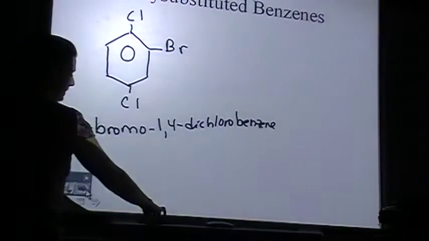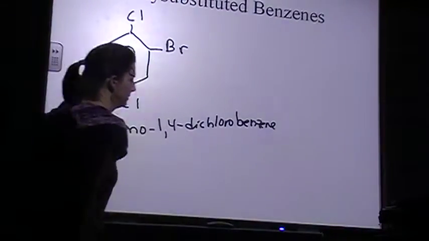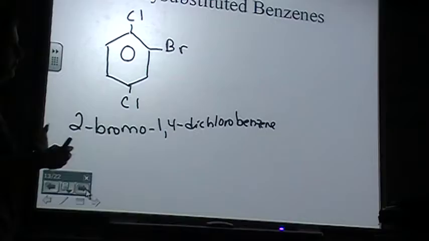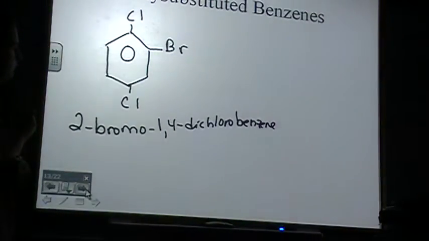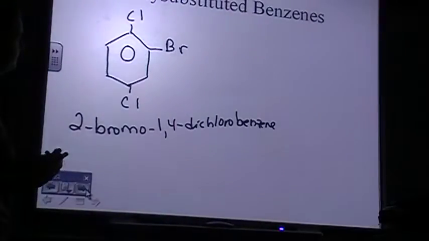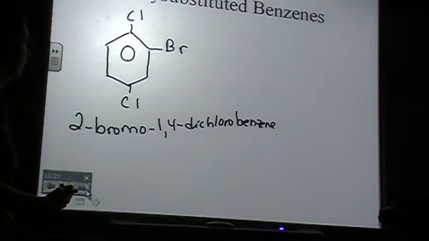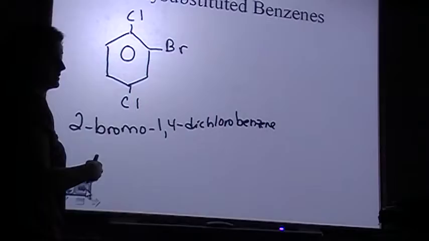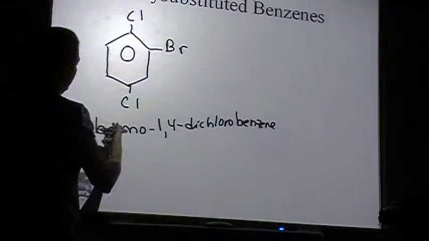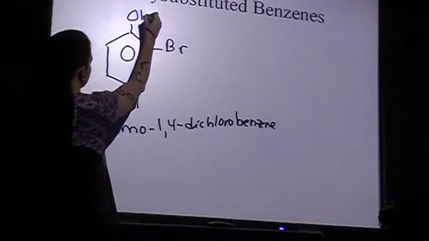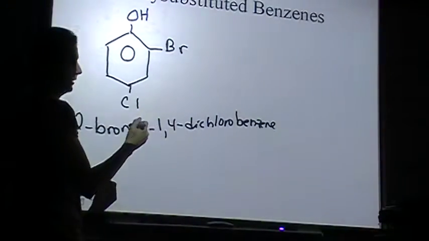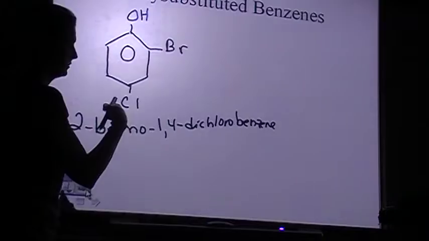Now, I wanted to change this, and I probably should wait, make sure you get this before I change it. I'm going to put a parent name on there and see how it changes the name of this thing. So again, polysubstituted, three or more things hanging off. The max that could come off is 6, because it has 6 corners. All right, so what if I took this and I changed it to an OH? I know you can't really do that with your pen because you have a different color, so just watch it.